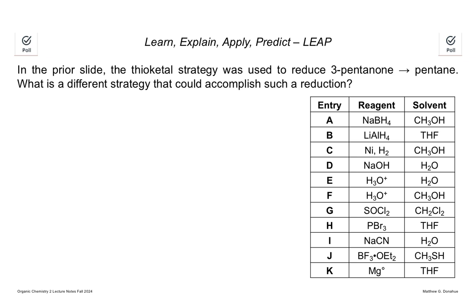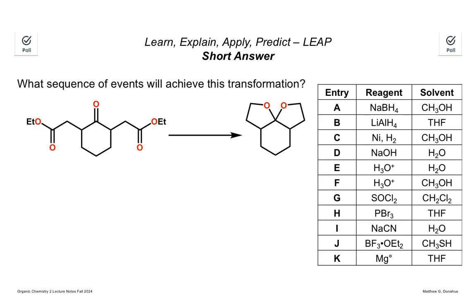I think maybe we'll skip this slide. This is another example of that strategy. The blue carbon is the carbon that you want to retain oxidation state of 2.